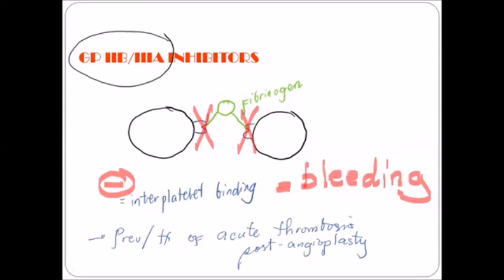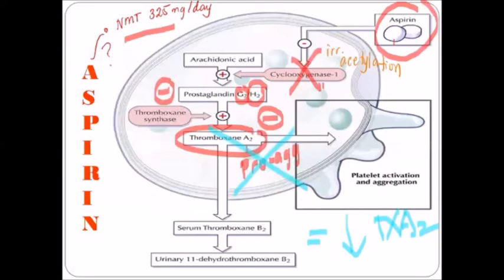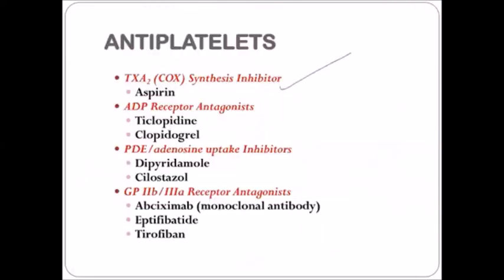Okay? So natapos natin overall ang mga mechanisms of action ng mga antiplatelet agents. Going back, you can see that for aspirin, na-discuss natin that it blocks synthesis of thromboxane A2 by blocking COX directly. Meron din tayong ADP receptor antagonist.